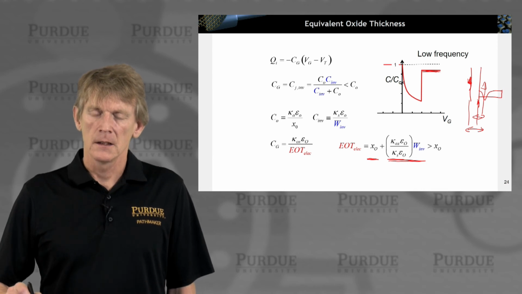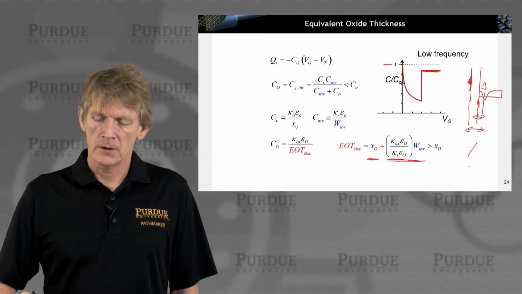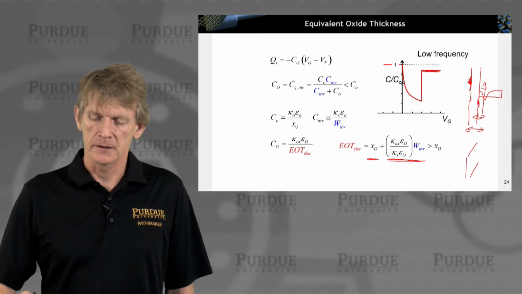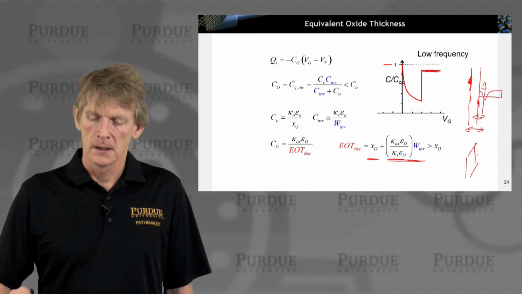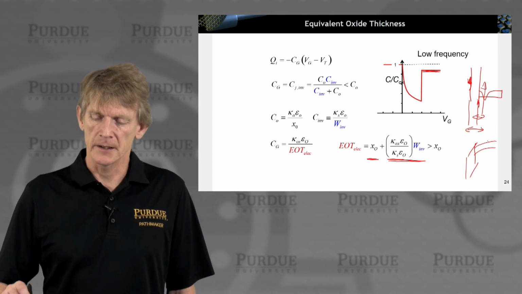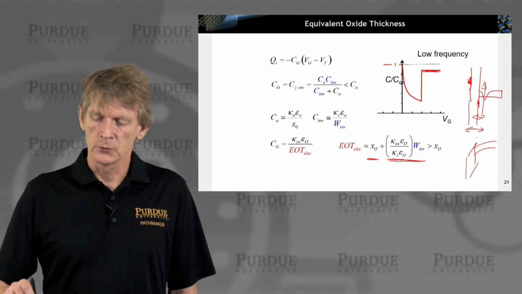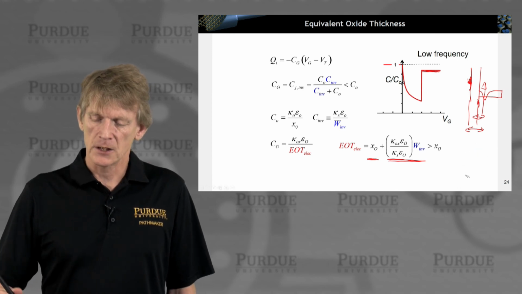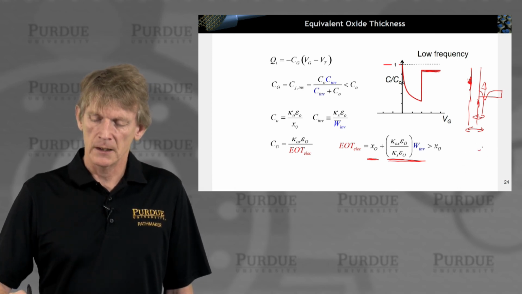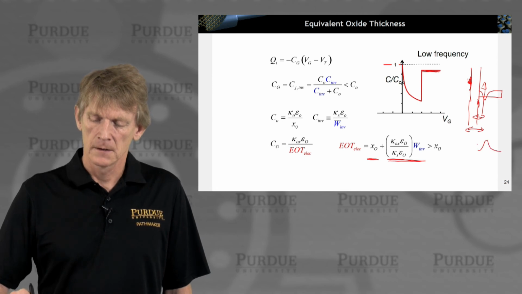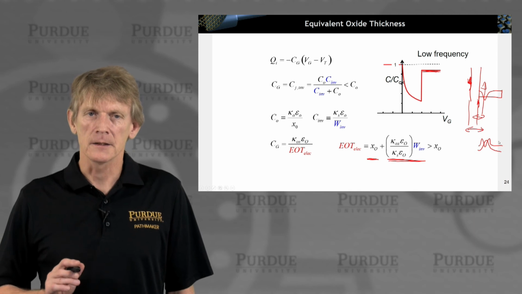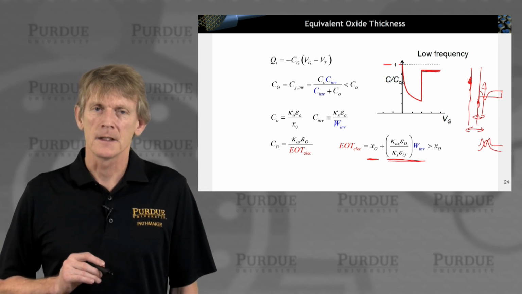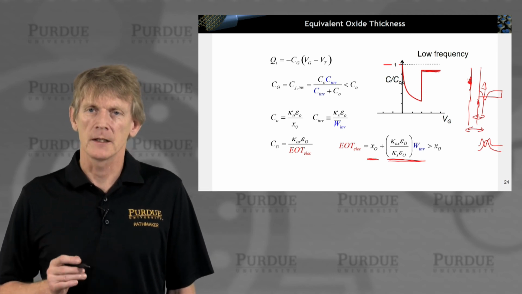Also, if you have a system like this, as I mentioned, with a quantum mechanical charge distribution here, I'm sketching the band edge diagram in a rudimentary way. This charge up here is going to have wave functions like this that clearly separate the charge from the oxide.